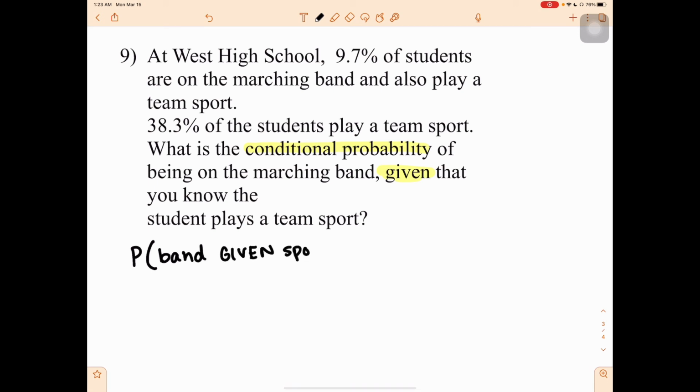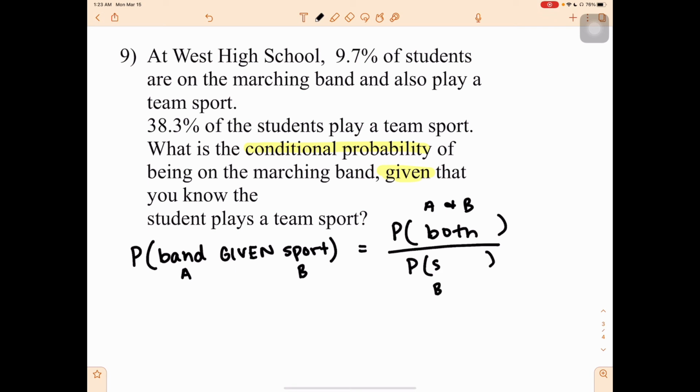they play a sport. And now we want to put this into terms of a formula. So something like A given B is going to be equal to the probability of A and B, or both, over the probability of just B, which in this case is the sport.